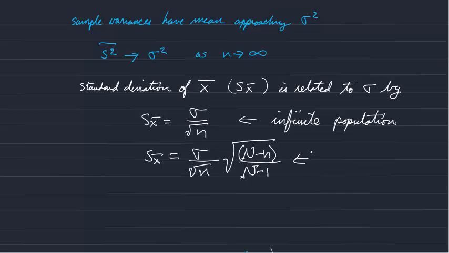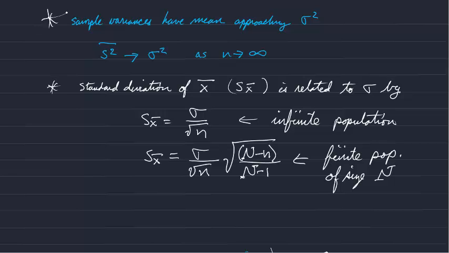Okay, so this is for a finite population of size N. So this is a second way of relating the statistics derived from the samples to the parameters of the population.